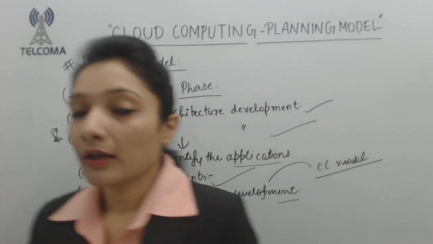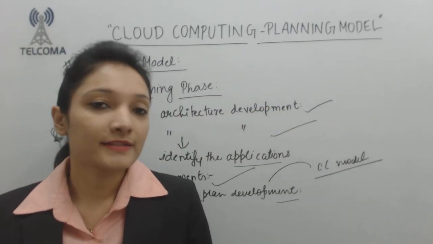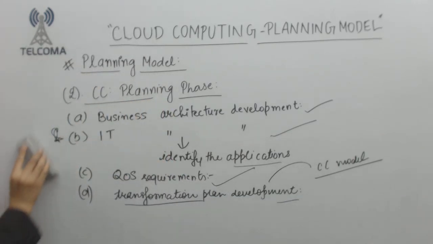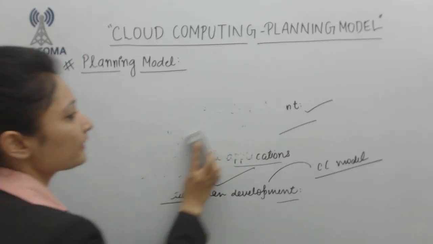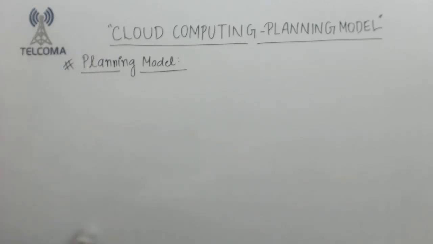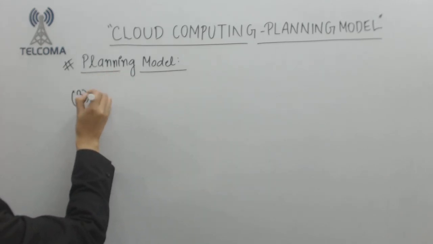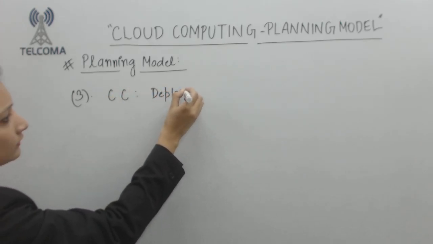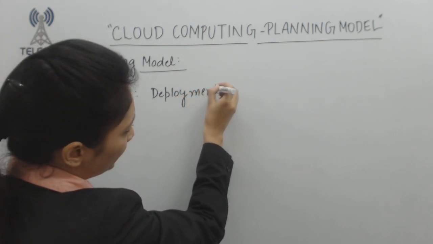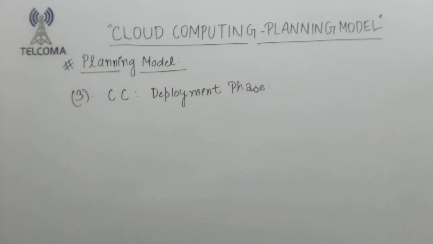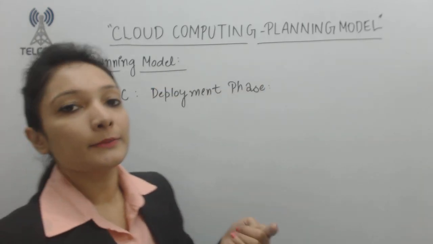Now, this was your planning phase. After the planning phase, we have the last one, which is your deployment phase, or we can say the cloud computing deployment phase. Deployment means now we're actually deploying the technology there.